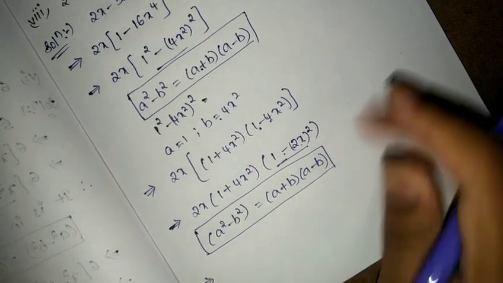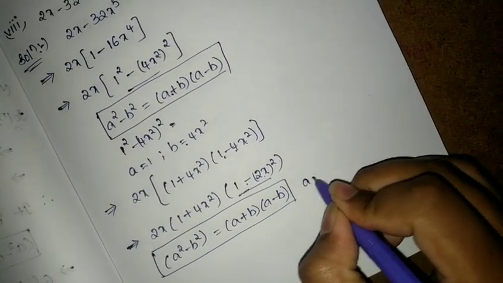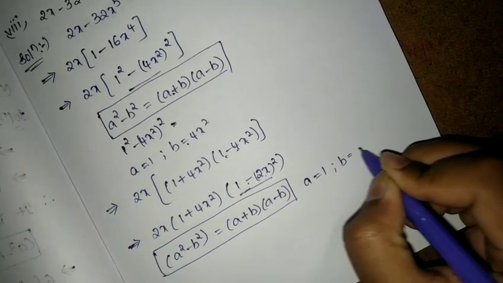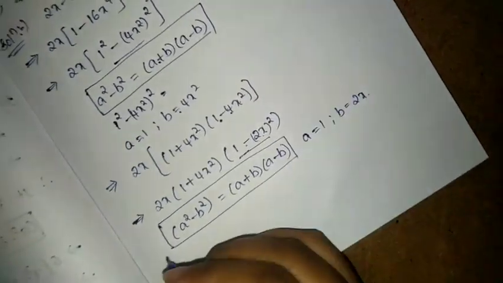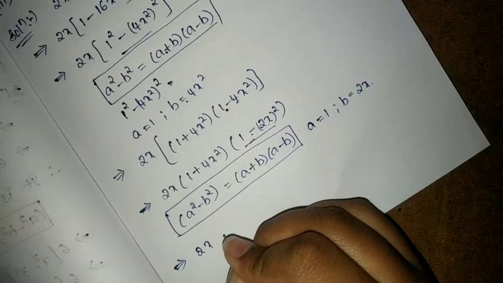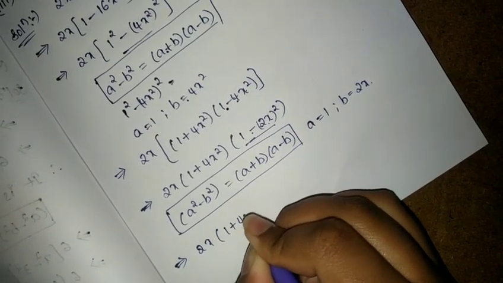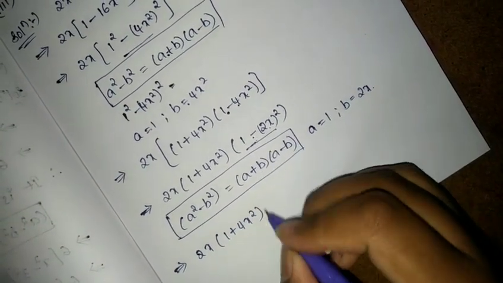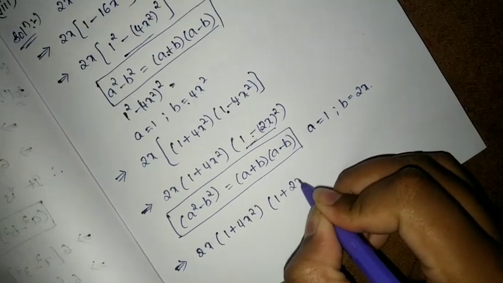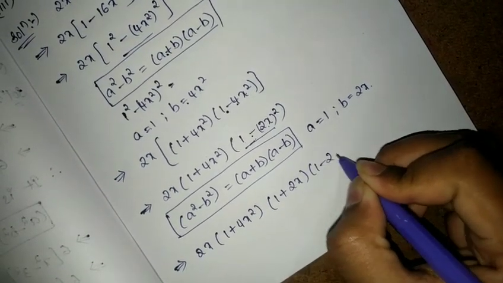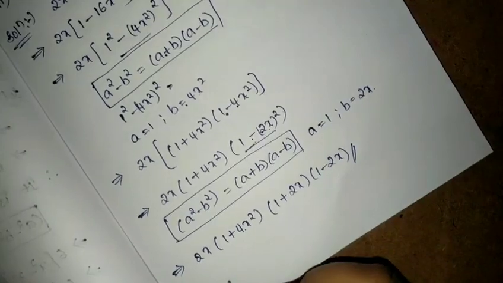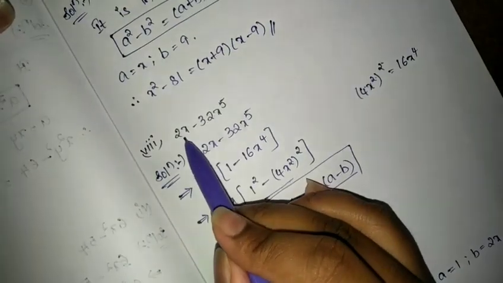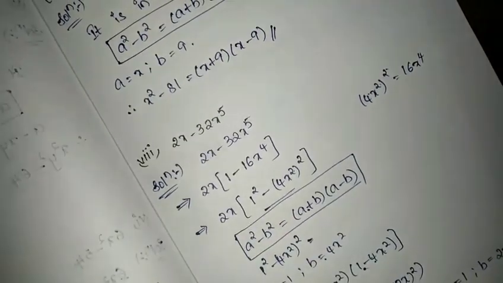So our next step is here a equal to 1, b equal to 2x. So our next step is 2x into 1 plus 4x square. Here 1 plus 2x into 1 minus 2x. This is our final solution for this 8th problem.